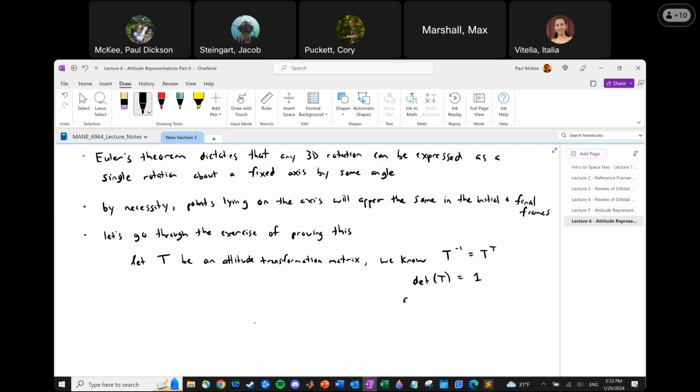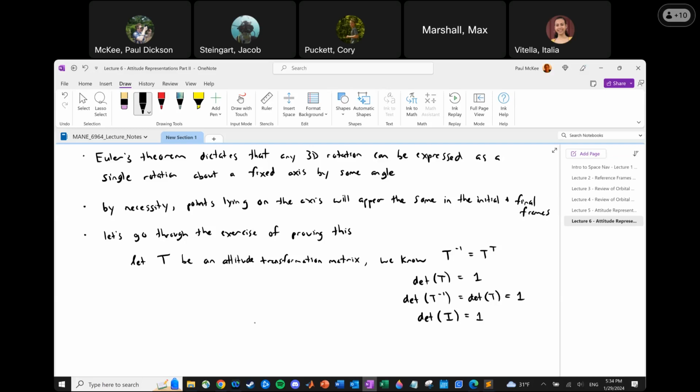And then by necessity then, the determinant of T inverse, which is the same as the determinant of T transpose, has to also be equal to 1, because undoing the rotation still doesn't scale or stretch or shrink it. It's still going to have a determinant of 1. Also, the determinant of the identity matrix, which we talked about before, is 1 as well.